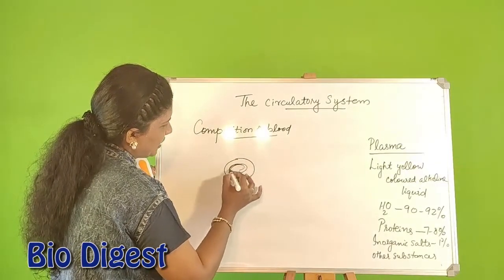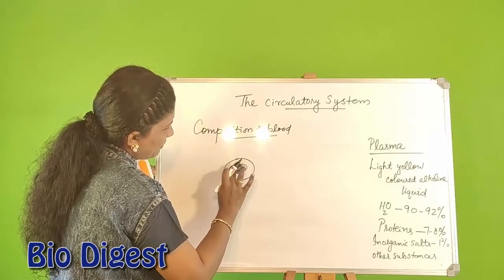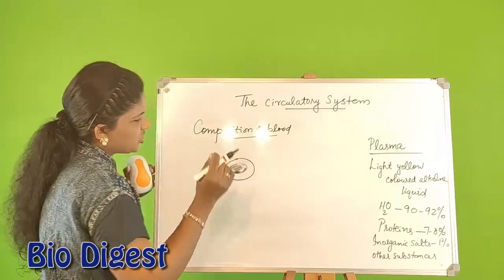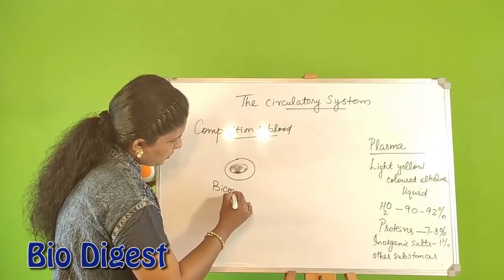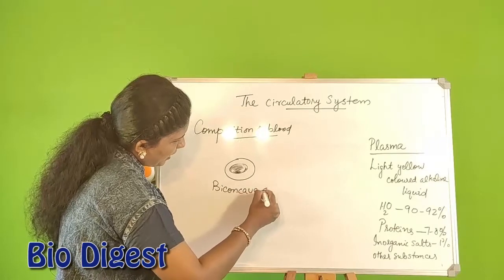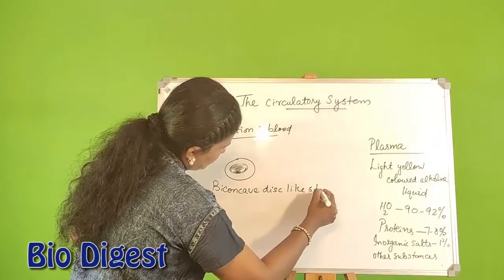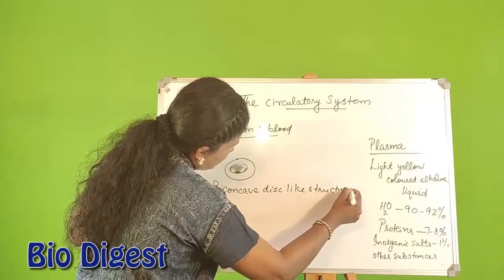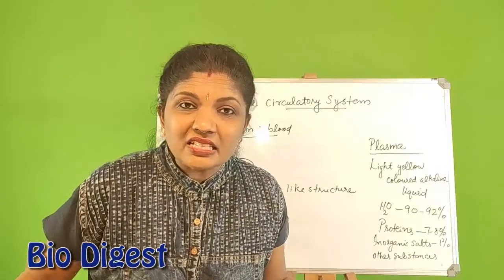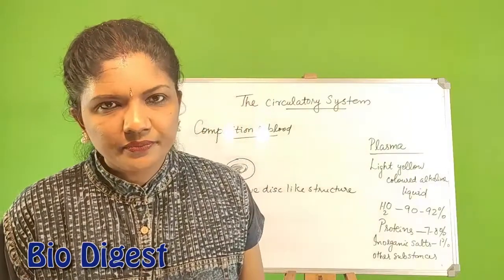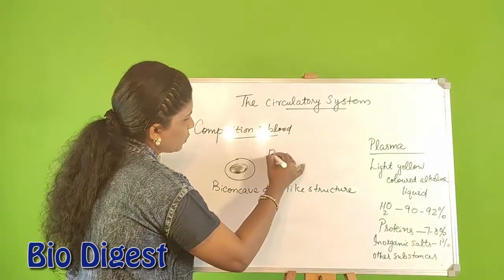I'm lightly shading in the middle. So biconcave disc-like structure is the shape of an RBC. You have to write the shape, biconcave disc-like structure. Where are these RBCs produced? RBCs are produced in the bone marrow.